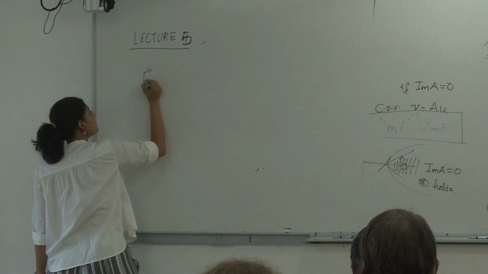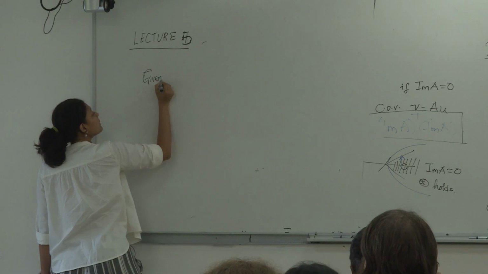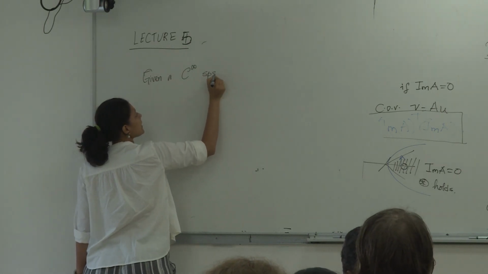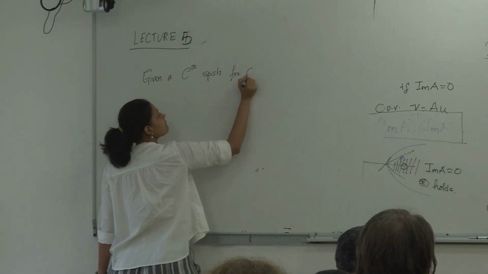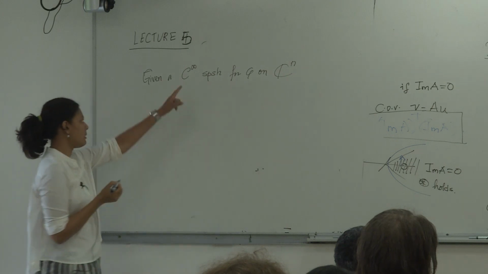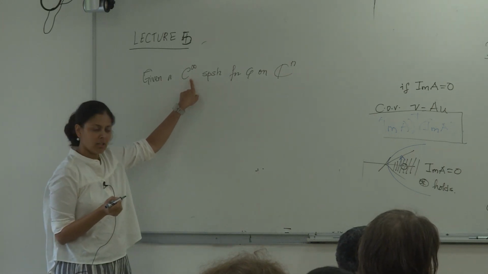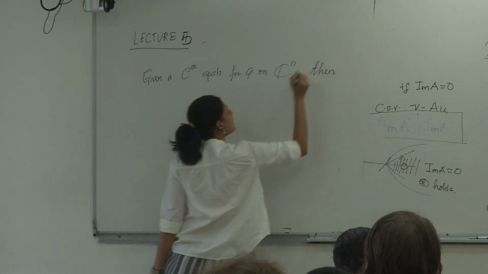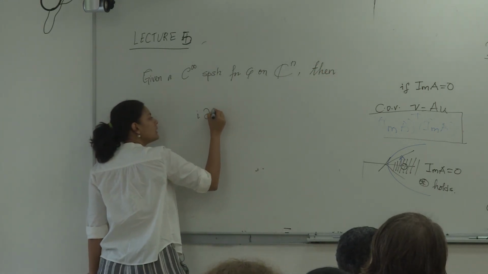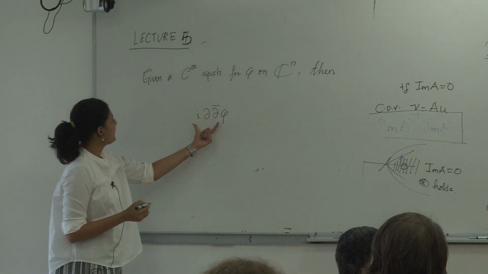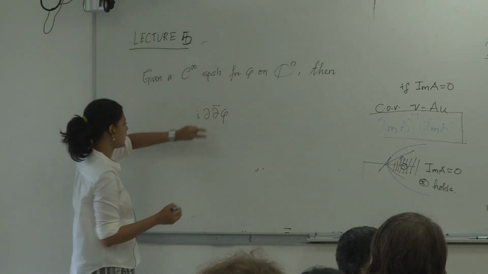Given a C infinity SPSH function phi on Cn, let's say we have a nice global strictly plurisubharmonic function which is C infinity smooth, then this (1,1) form dd-bar phi actually becomes a real 2-form.